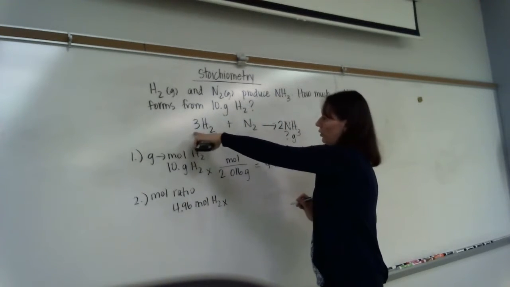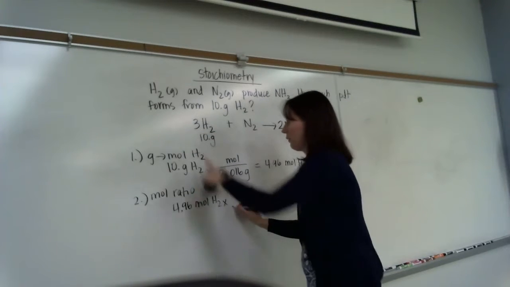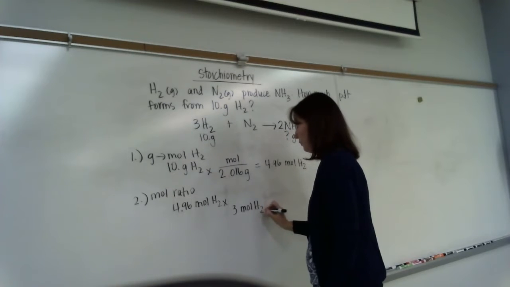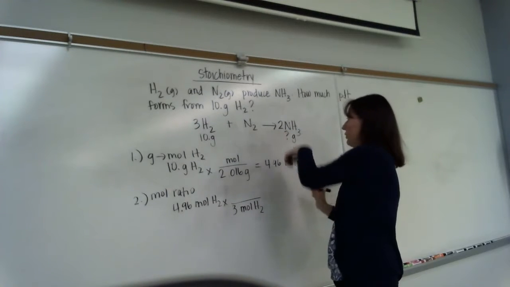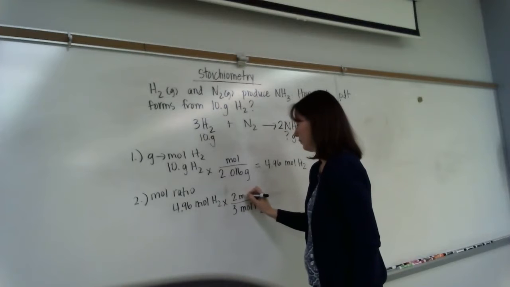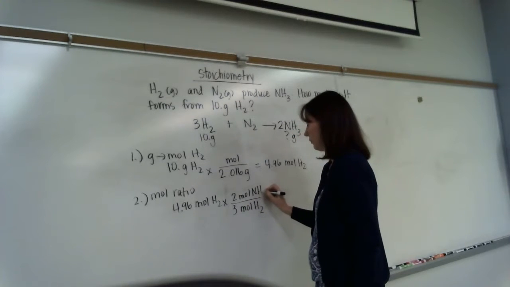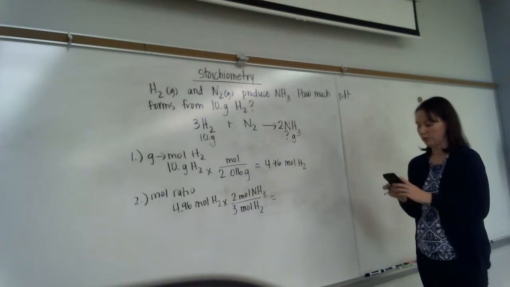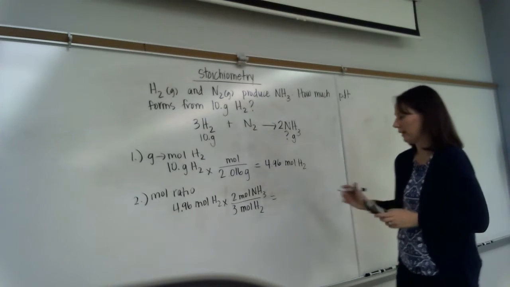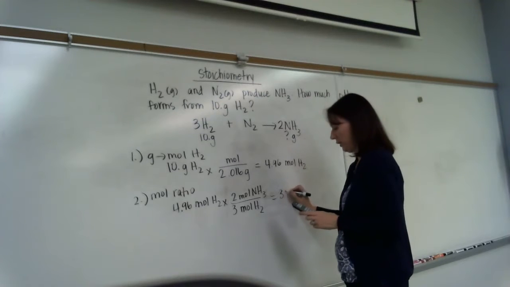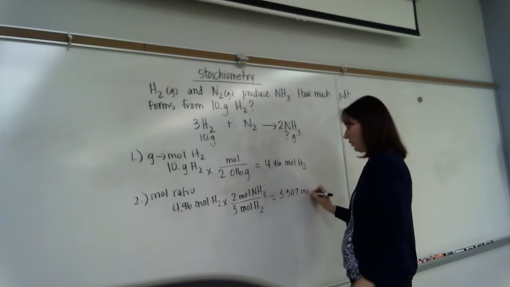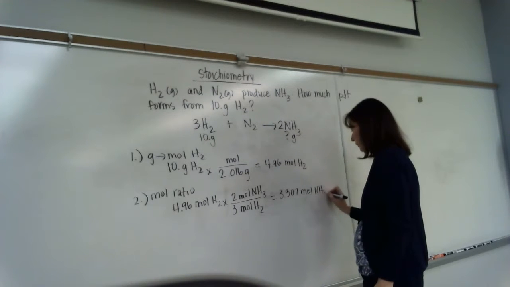For every 3 moles of H2 that I use, I produce 2 moles of NH3. So take my answer times 2 divided by 3. That gives me 3.307 moles NH3.